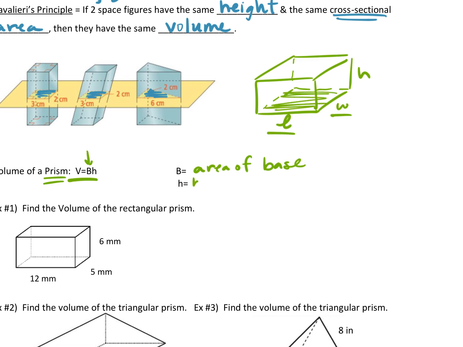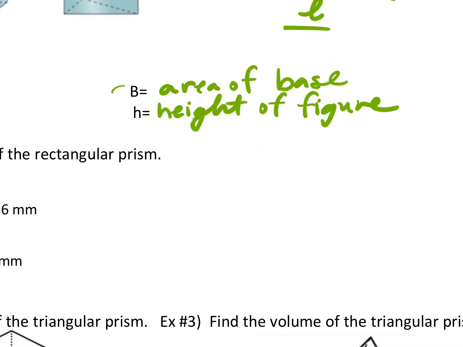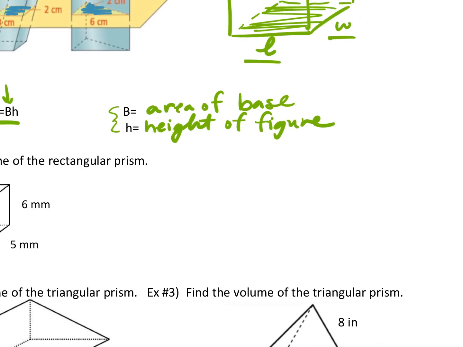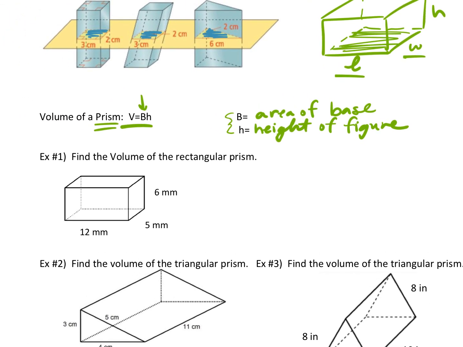And then you multiply it by the height of the figure. Okay, and that's what we've been talking about all along with B and H. B is always the area of the base. H is always the height of the figure, the distance between the bases, if you will. So keep that in mind. Anytime you see a prism, that's the formula that you're going to use, base times height.